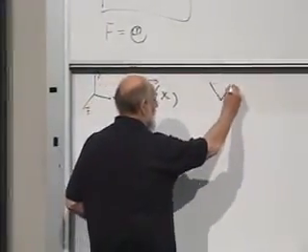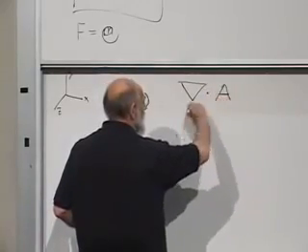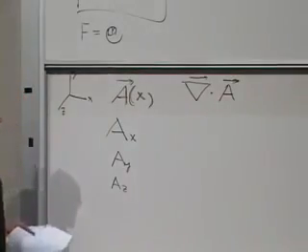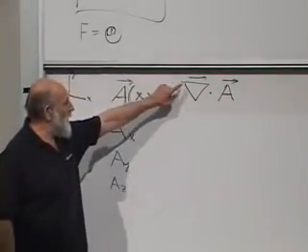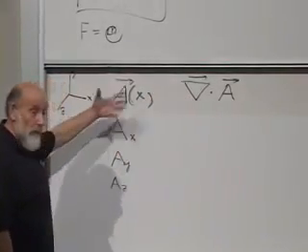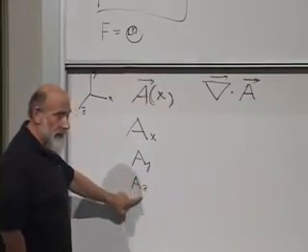The divergence of the field is written this way, upside down triangle. The meaning of an upside down triangle is always that it has to do with the derivatives, the 3 partial derivatives, with respect to x, y, and z.